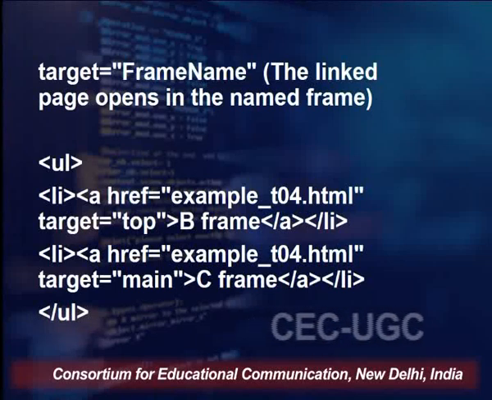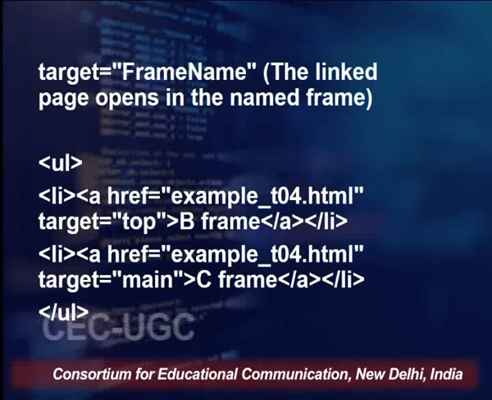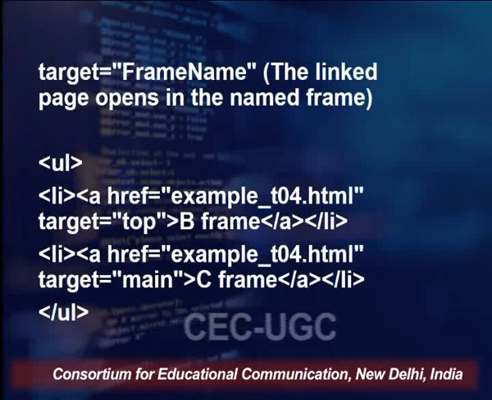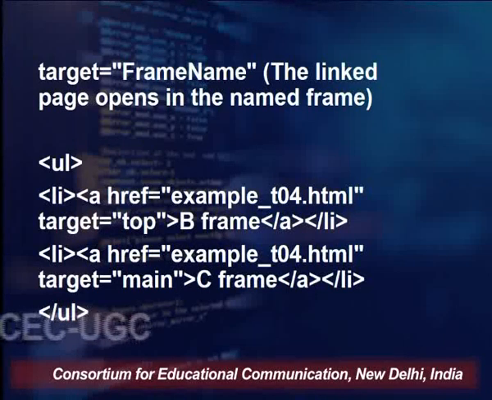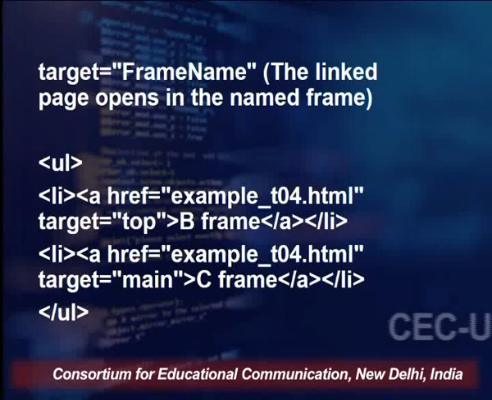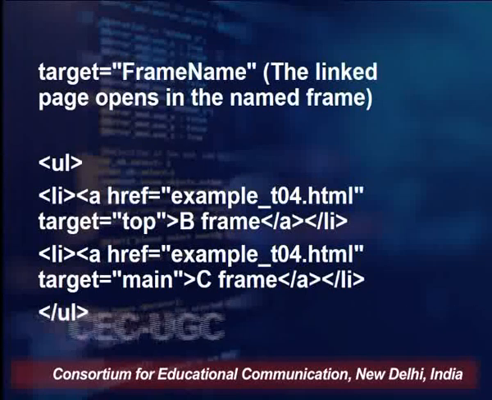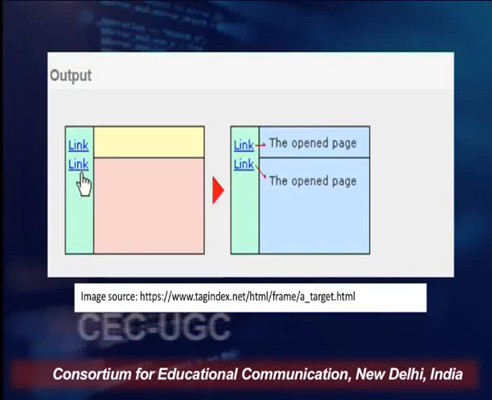For the hyperlink reference which says C frame, the target will be the main frame, whatever the main frame you have in your document or in your HTML file. And for the B frame, that is for the link which is displayed as B frame, we have target equals top. So here you can see the output.